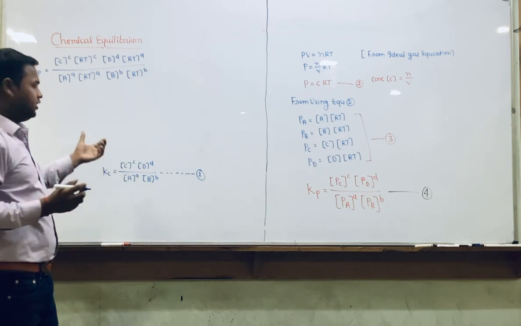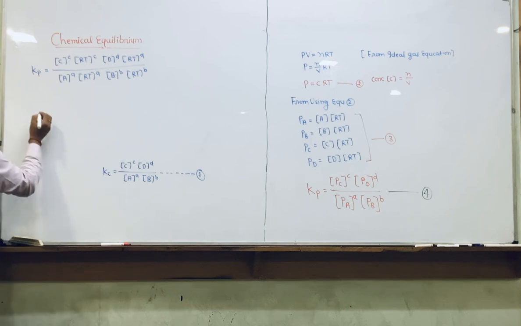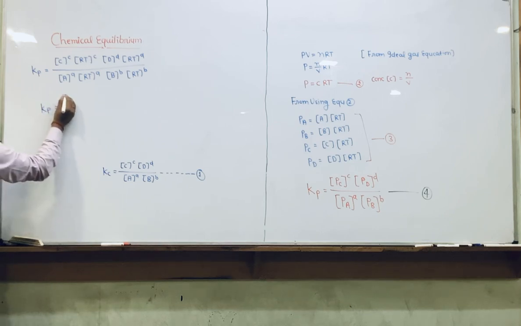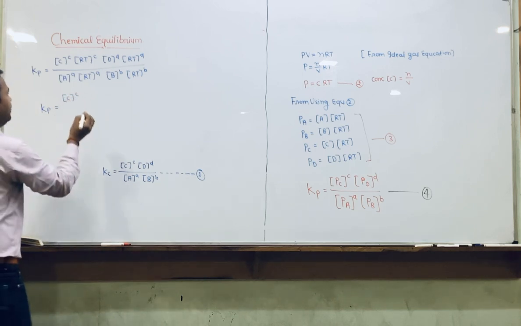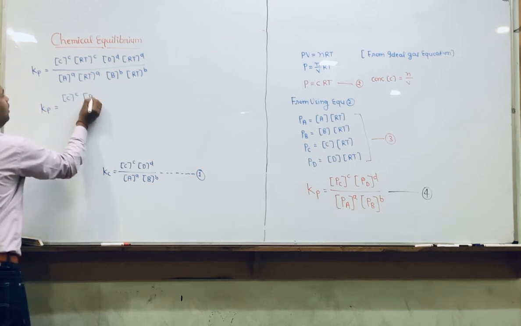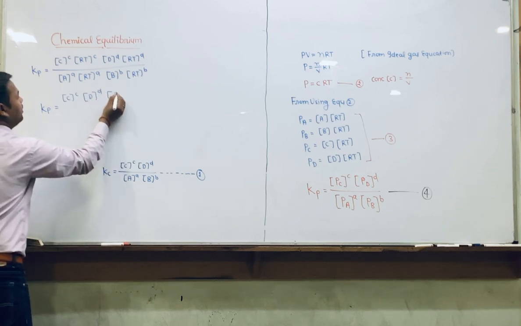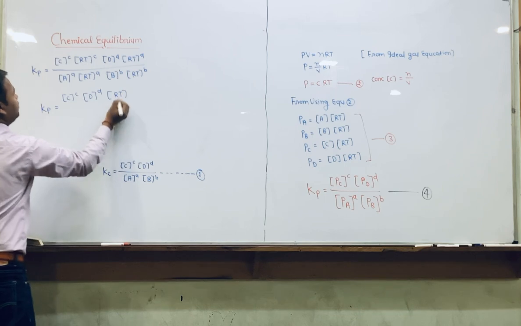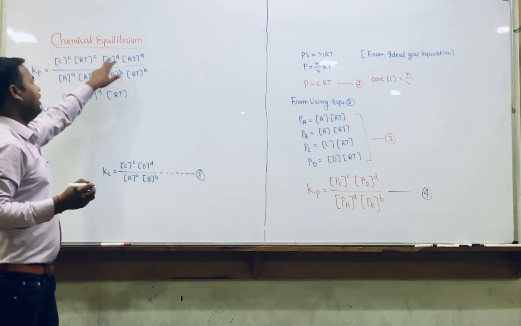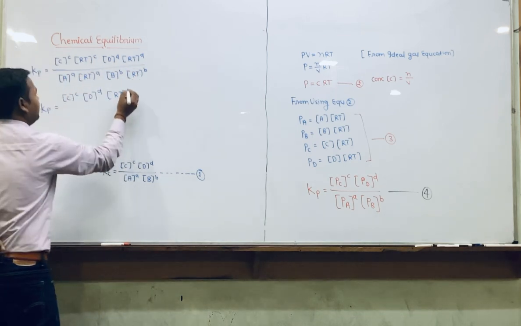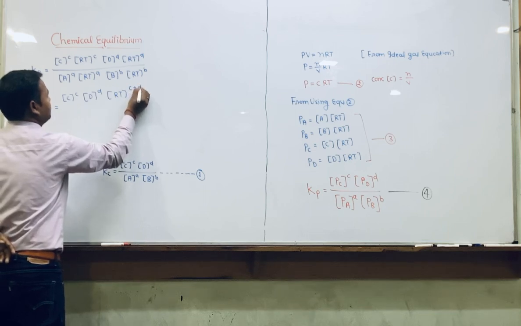Now we can arrange this equation. We can write concentration of C to the power c and concentration of D to the power d, and RT. Here the base is the same, so the powers add and it becomes c plus d.